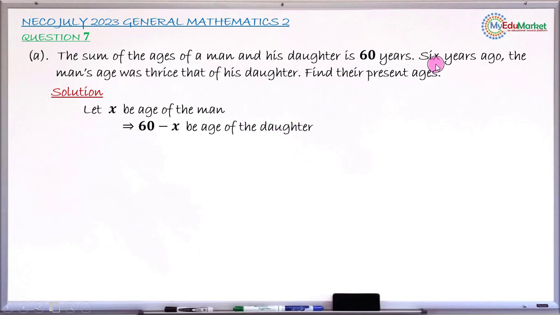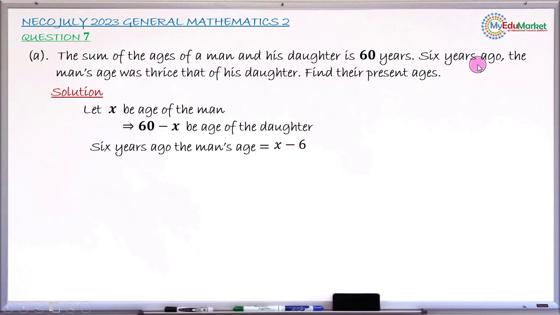What will be left is the age of the daughter. So I'll move to the second statement, which says 6 years ago, meaning 6 years before now, the man's age was 3 times that of his daughter. Let me find the expression for the age of the man 6 years ago. If his age now is X, 6 years ago I simply subtract 6 from his present age, which gives X minus 6.